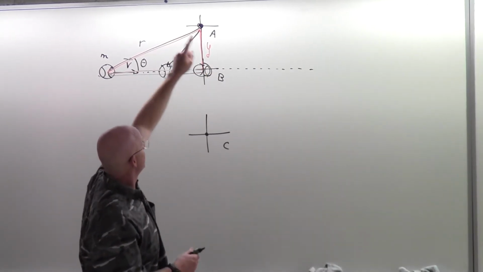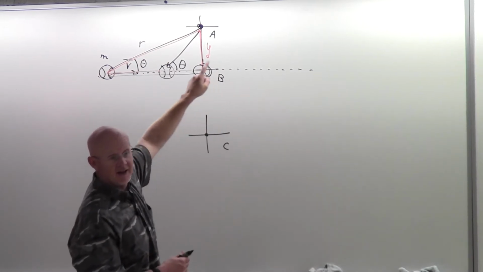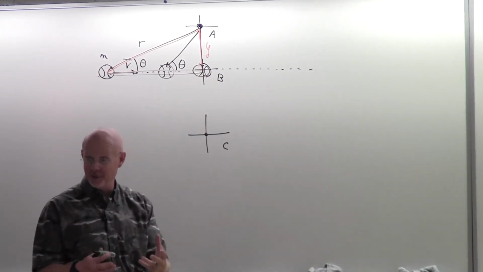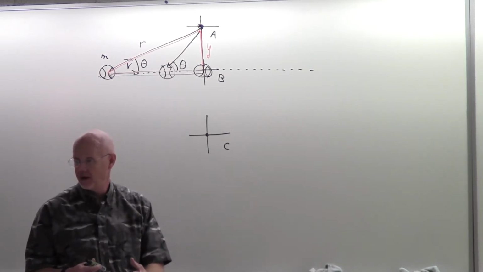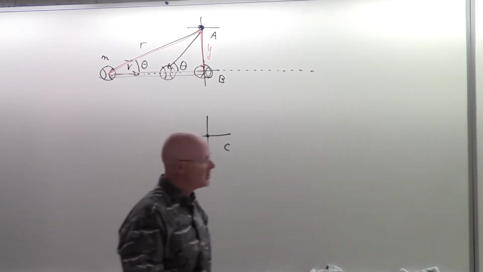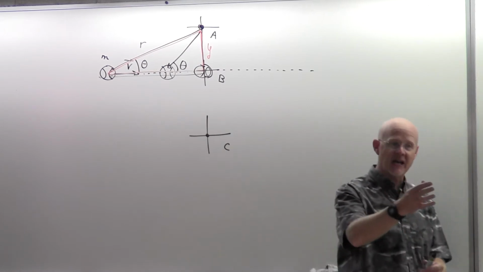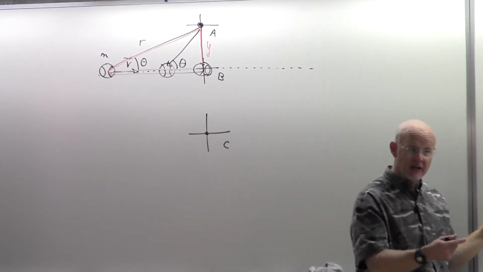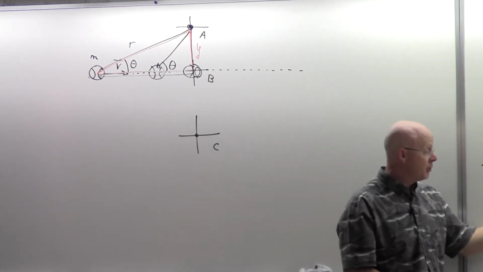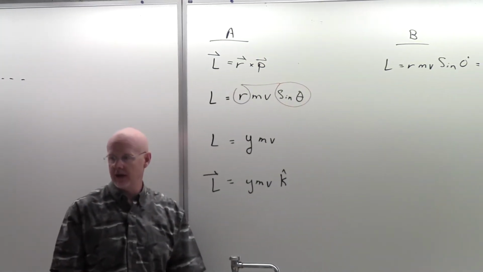Wouldn't you expect it to rotate around point A? And so you would expect it to have some angular momentum. And would it be positive or negative? It would be positive. So hopefully, viewed in that sense, it doesn't surprise you that, number one, it does have angular momentum, and number two, it is in a positive Z direction.